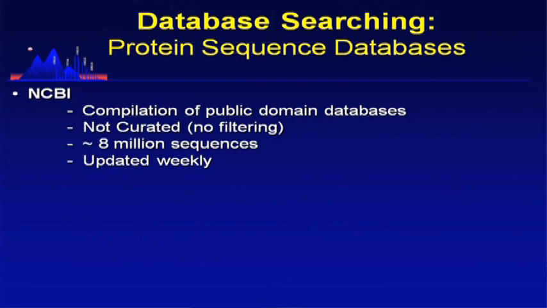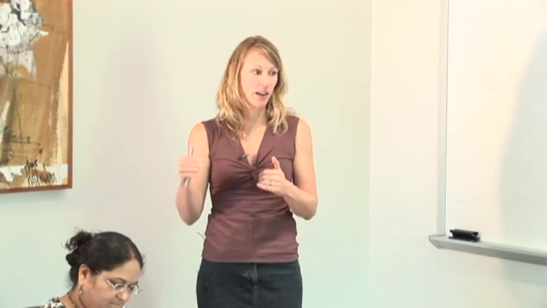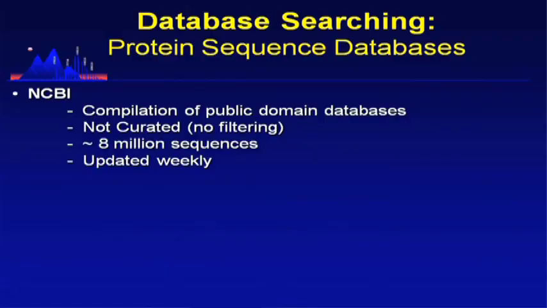Okay, so there are a lot of sequence databases out there. I have a few examples. So all the protein sequence databases that are out there are in the public domain, meaning that they're free. So anyone can go and download them. The largest of these is the one maintained by NCBI, which you've probably been to that website for whatever reasons where PubMed is.